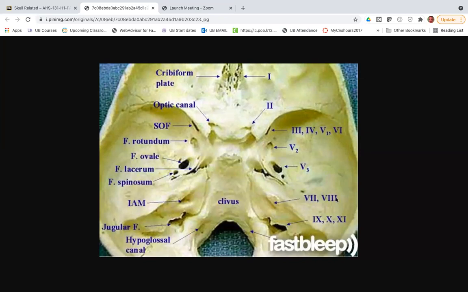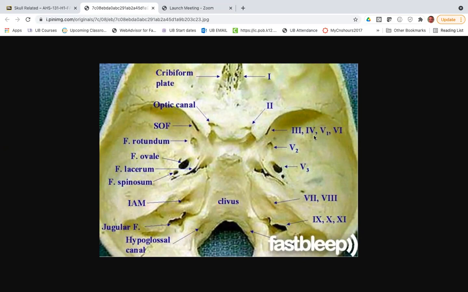Vestibular deals with balance, cochlear deals with hearing, so it's the vestibulocochlear nerve. 7 is the facial nerve that deals with facial expression, like raising your eyebrows, frowning, puckering up for a kiss, smiling. That's all facial nerve, cranial nerve 7. 7 also deals with sweet, sour, and salty taste to the tongue.